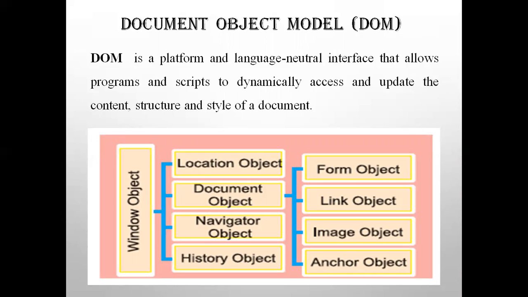So what we learned in the document object was how programs and scripts access and update the content, structure, and style of a document. We learned different properties of the document object model also. Now next, we will learn about the window object.